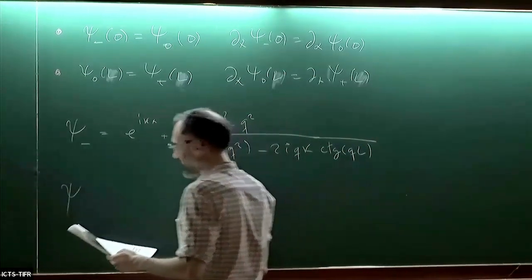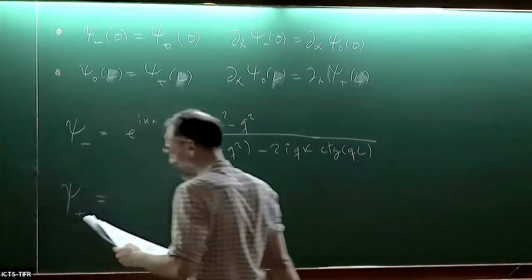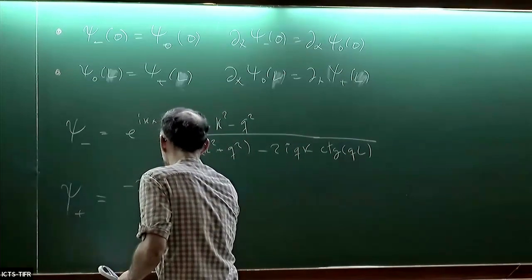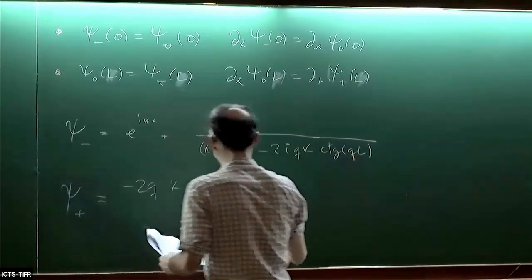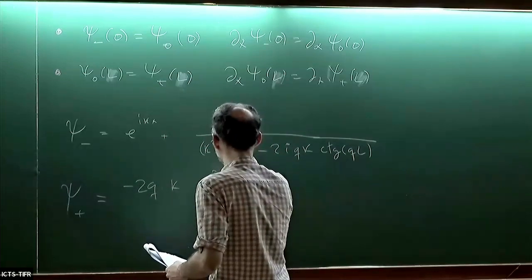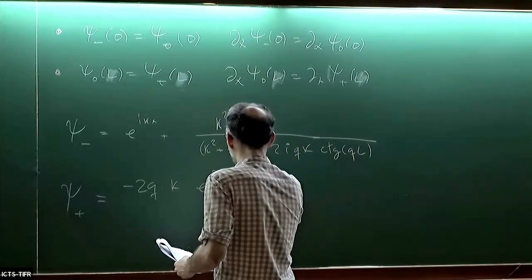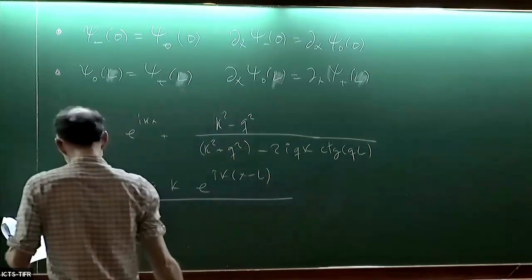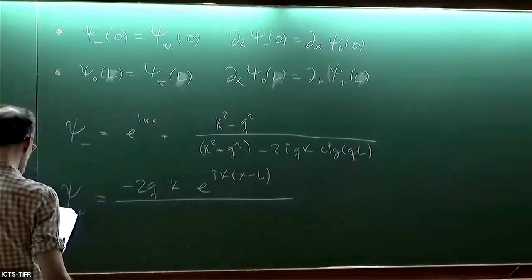And then for psi plus, there's only one wave, and that reads minus 2qk e to the ik x minus L over a similar denominator.